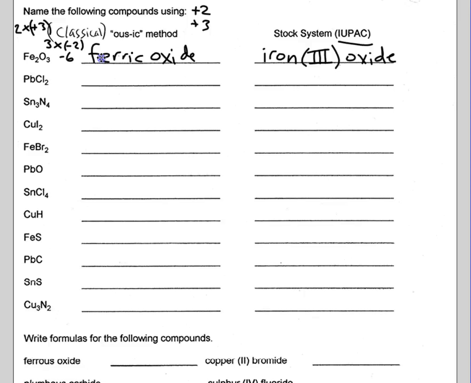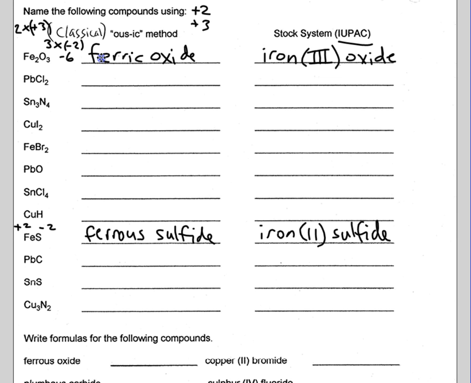So for example, sulfur is -2, and iron therefore at a 1-to-1 ratio would be +2. So this would be iron 2 sulfide, to stick with iron as an example. And in the classical system, this is the lower of the two valences, so this would be ferrous sulfide.